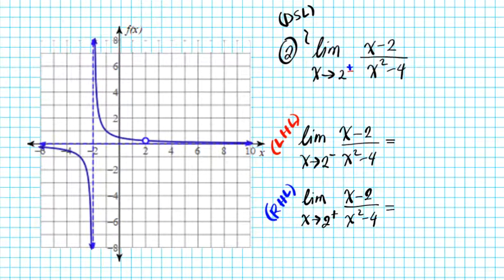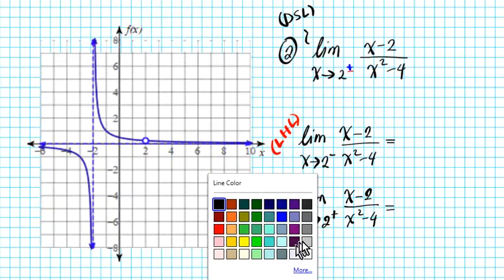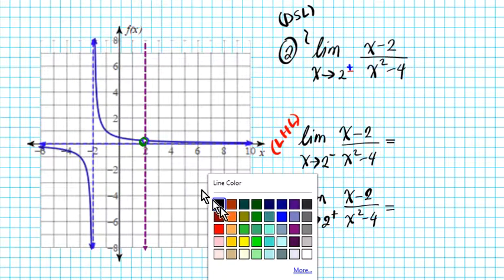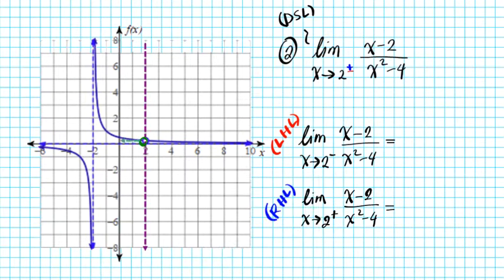So we're taking a look at 2 right here. We are approaching a point. Whenever you're approaching a point, the limit is the y-coordinate. So we're going to trace this to the y-axis, whatever the y-coordinate is right there.